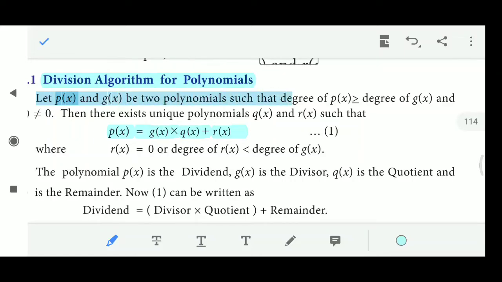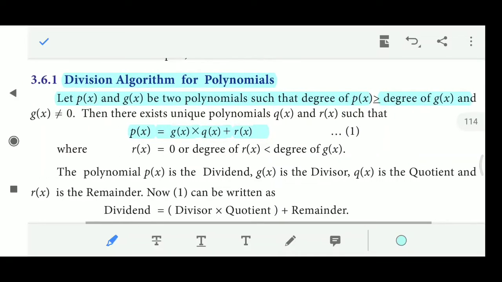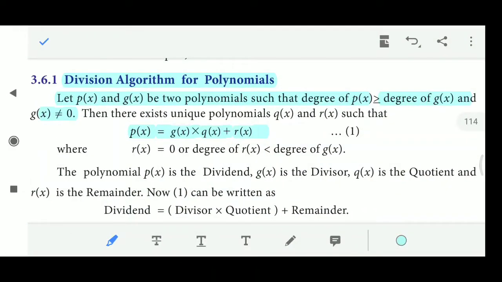If we have two polynomials such that the degree of p of x is greater than the degree of g of x and g of x is not equal to 0, then there exist unique polynomials, that is q of x and r of x, such that p of x is equal to g of x into q of x plus r of x.